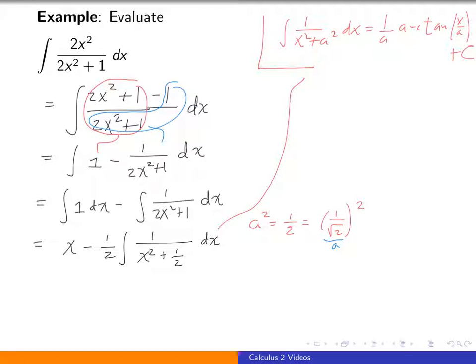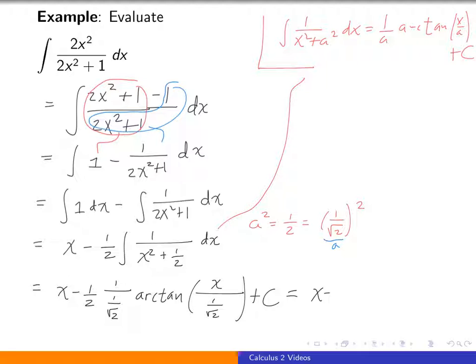Substituting a into that formula, the 1/2 is hanging out front, then we have 1 over a, so 1 divided by the square root of 2 in the denominator, multiplied by arctangent of x over a, so x divided by 1 over root 2, plus c. Just to simplify a small bit, we have x minus 1/2 times 1 divided by 1 over root 2.